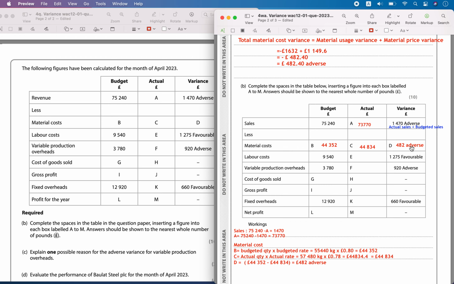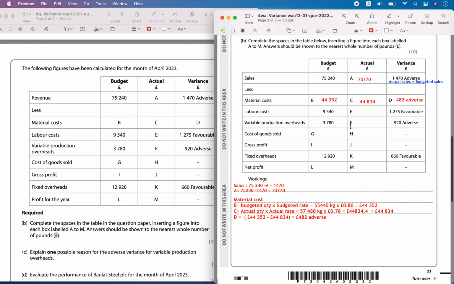Whenever I am increasing the cost over my budgeted, I call it adverse. That's how you have to conclude. So for the labor it has become favorable, so my actual cost must have been less than my budgeted cost.